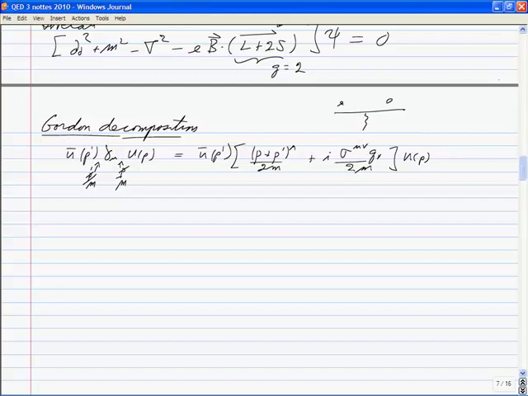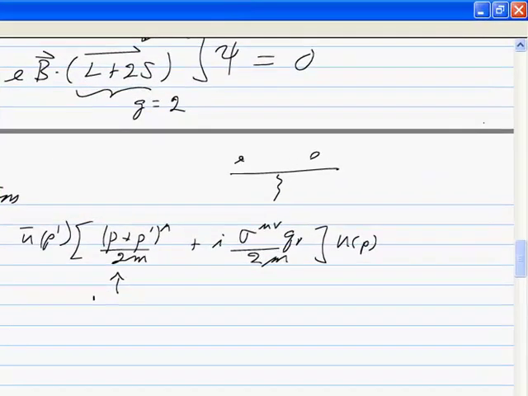What you see here is actually interesting for a couple of reasons. This guy is the convective piece. It's called convective. That's just like a scalar. You remember, if we had written this same vertex out for a scalar, we would have written p plus p prime, and aside from a normalization factor, that's the same thing.